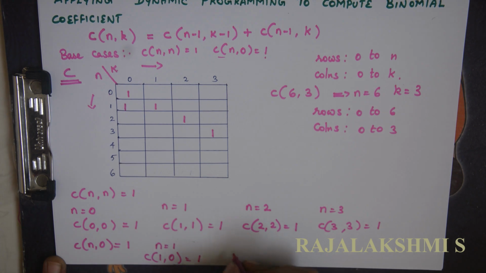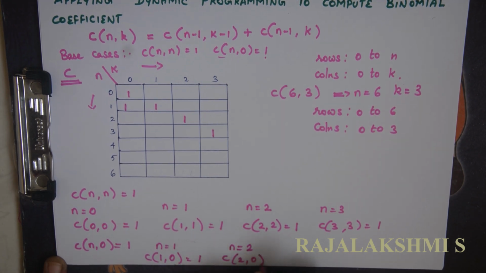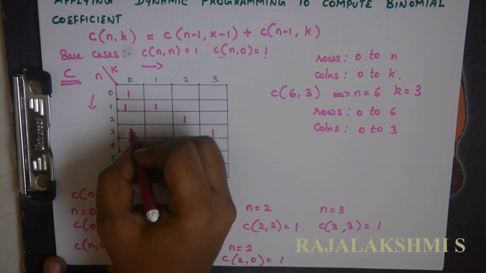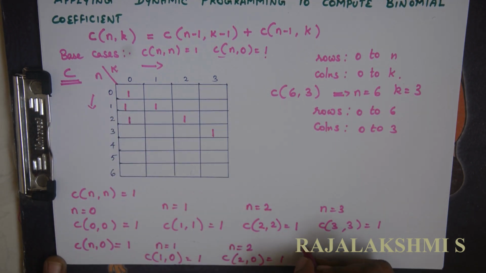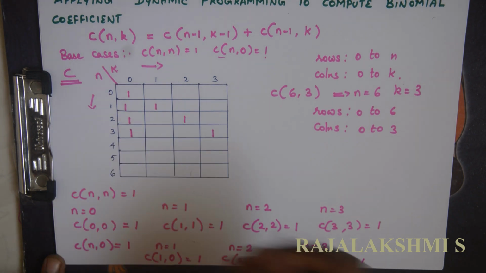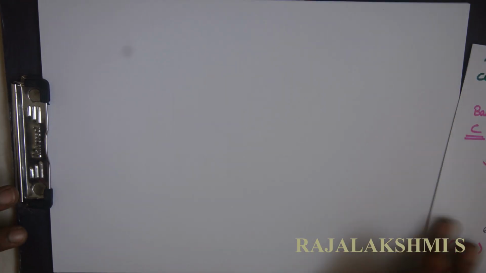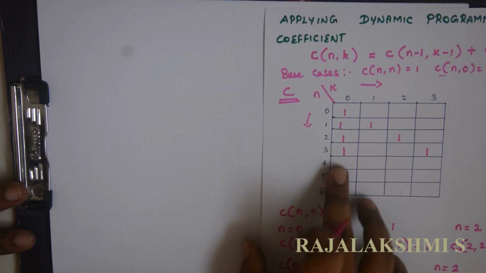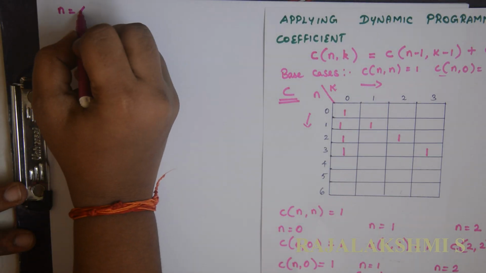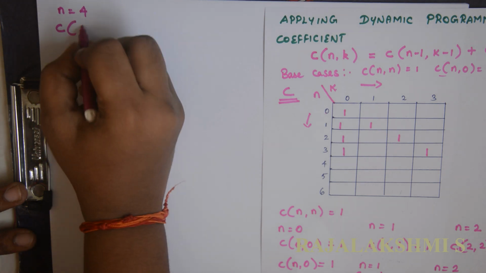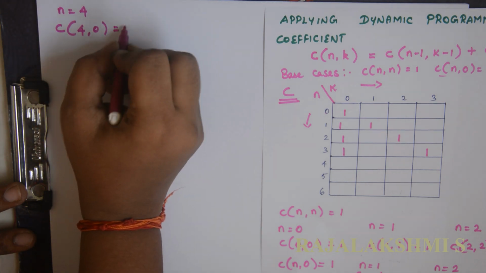When n is equal to 2, C(2, 0) is equal to 1. When n is equal to 3, C(3, 0) is equal to 1. The next value of n is 4, so C(4, 0) is 1.